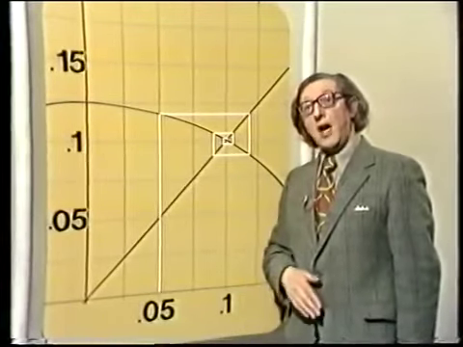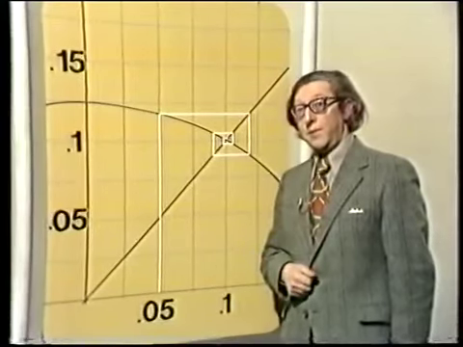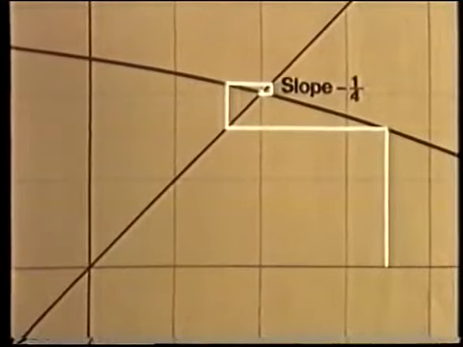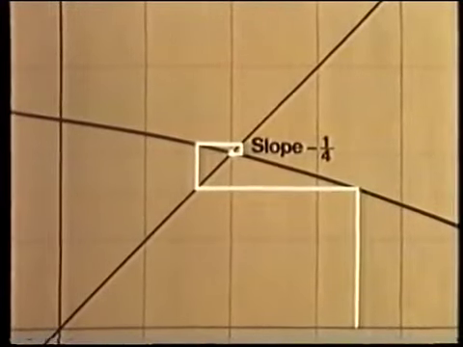Well, let's see how the cobwebs change when we look at functions with different negative slopes. For small negative slope, we get very fast convergence, but the convergence gets slower for curves which are steeper than this at the solution.